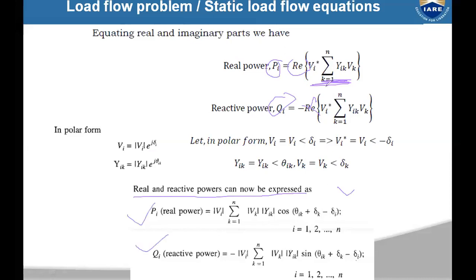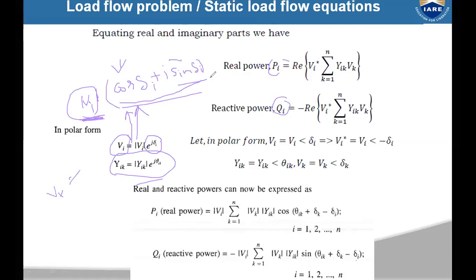So real power is equal to, from the same equation, the real part of Vi conjugate, as we are writing here. What did we write earlier? Vi can be written as magnitude of Vi cos delta I plus j sin delta I. Now in this equation you are having Vi conjugate, not Vi.